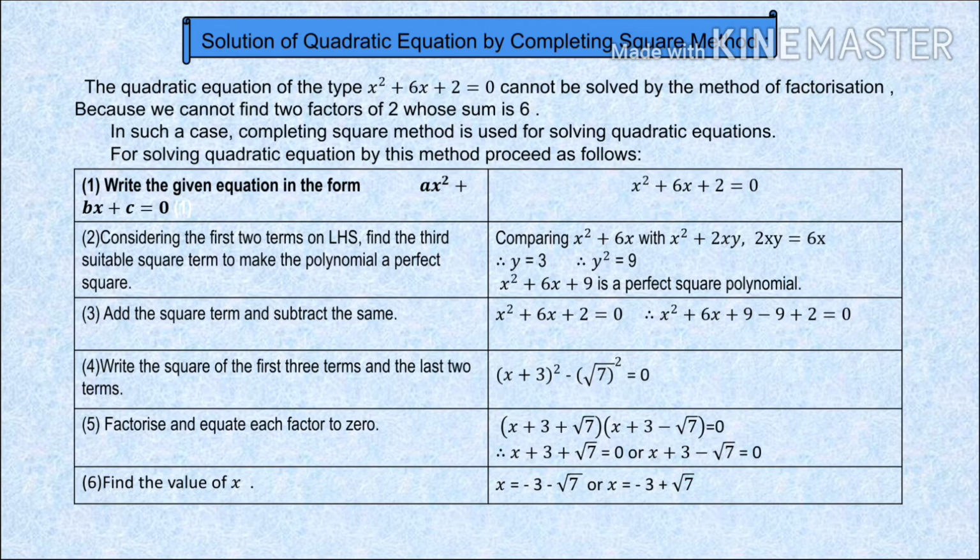Signs are changed here because we change the side of the equation. So minus 3 minus root 7 and minus 3 plus root 7 are the roots of the given quadratic equation. So students, these are the steps for solving quadratic equation by completing square method.